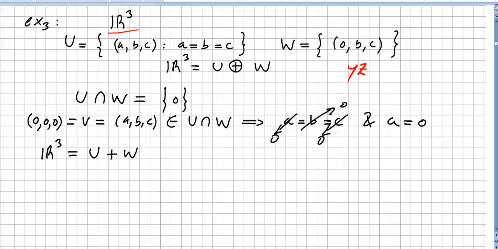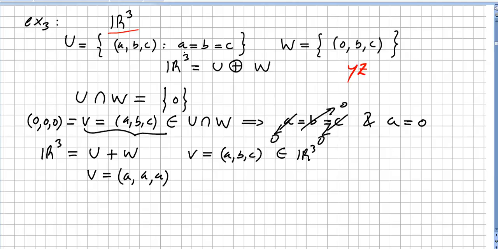Because if we pick a vector V, let us say ABC, an arbitrary vector in R3, so vector V will be written as AAA, since they have to be all equal, plus 0, and B. Okay, but what is B?